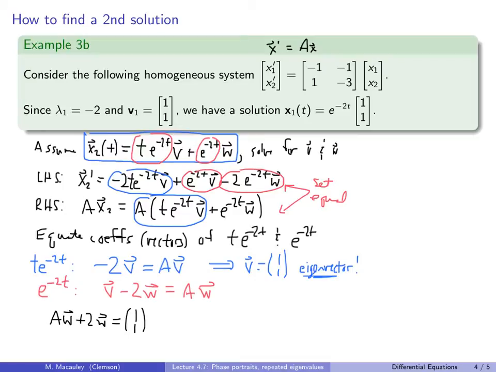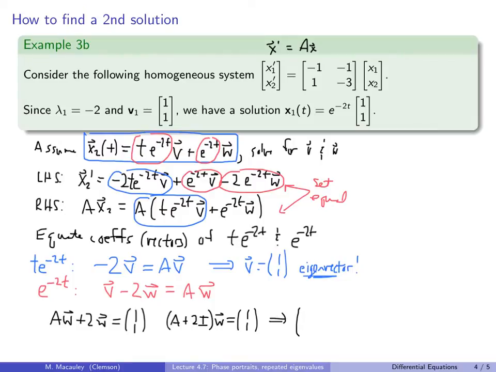And so now I can factor out the w, and I can write this as A plus 2I times w equals 1, 1. And now we know what A plus 2I is. It's this matrix plus 2I, so let's actually write that again. So A plus 2I is the matrix.